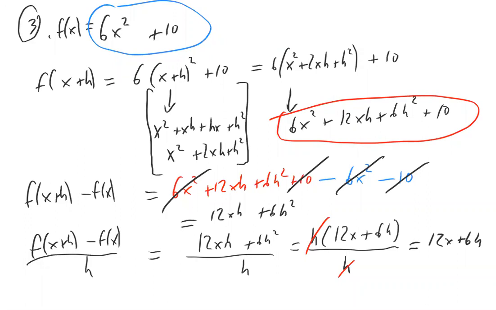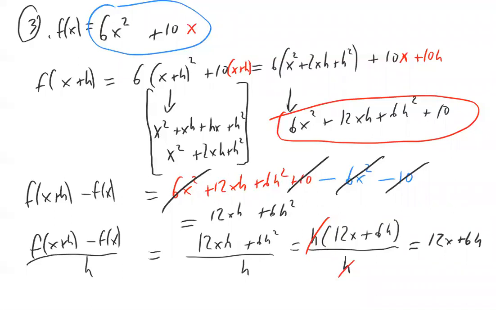I did make a mistake because in the original problem, this problem actually said 10x right there. If that said 10x, then right here you would have plugged in x plus h beside the 10, and that would have equaled, if you distribute the 10, 10x plus 10h.